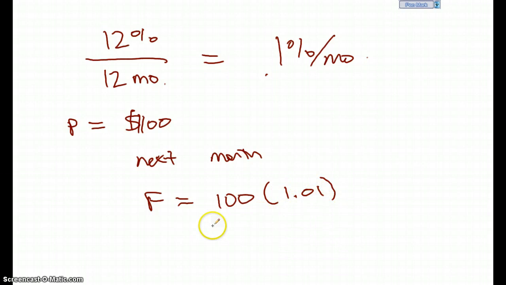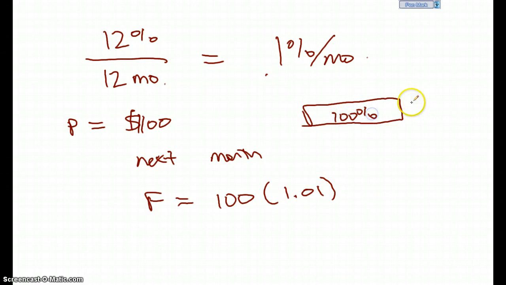They're going to give you your full 100 back, but they're going to give you 1% more. So remember, there's our 100%. On top of that, they're giving us 1% more. And they're going to do that one time because only 1 month has passed. And after 1 month, we would have $101.